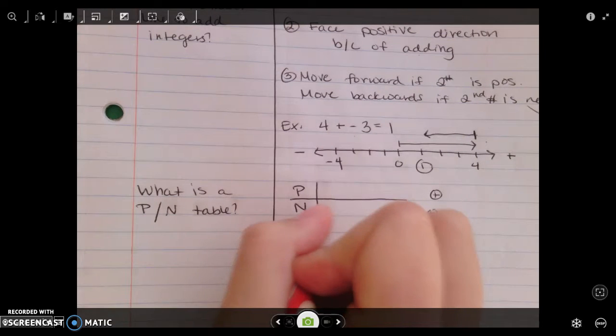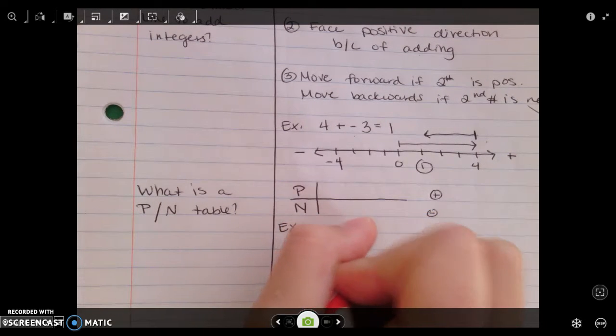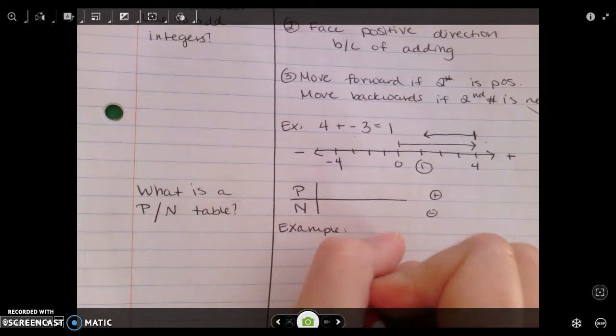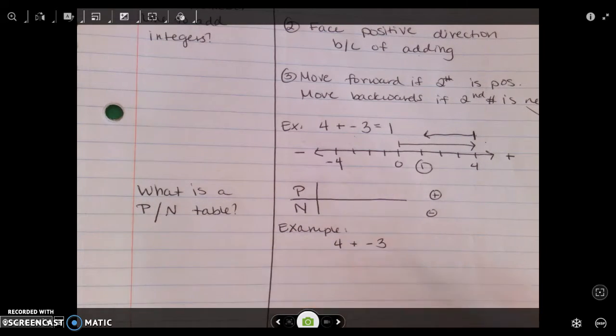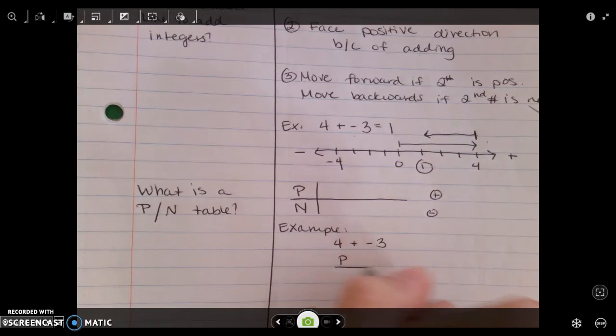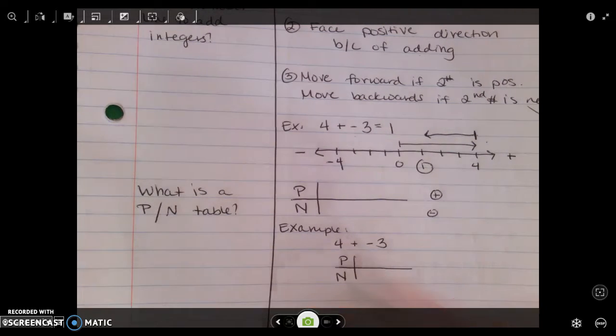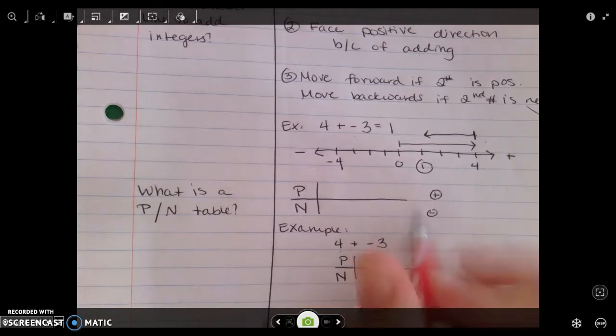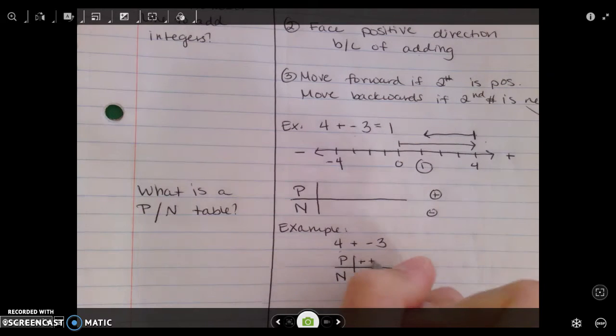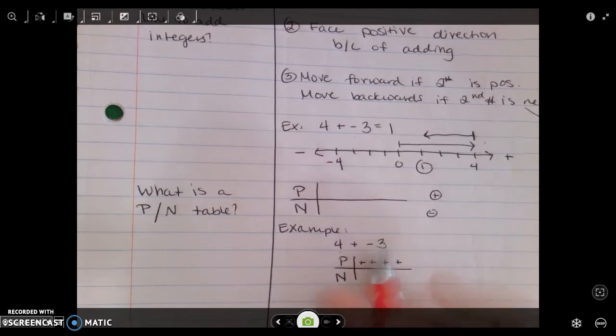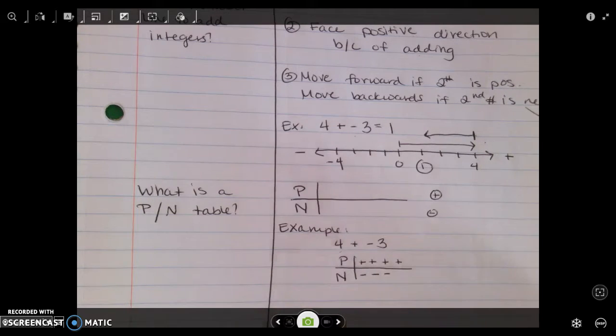So if you want to use this as an example, we can actually use the one I had up there, 4 plus negative 3. Here's my PN table. Now I have 4 positives, 1, 2, 3, 4, and 3 negatives, 1, 2, 3.